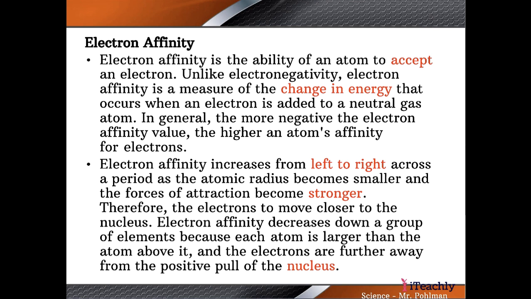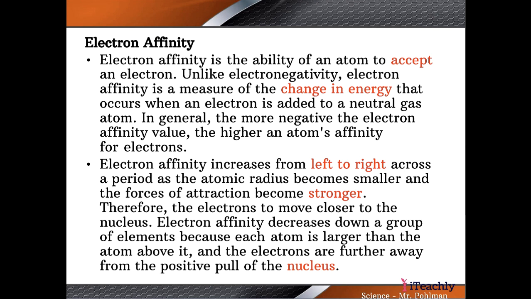As you move from left to right across the periodic table, the electron affinity increases also. So more and more energy is going to be released as we add electrons to, let's say, the halogens.